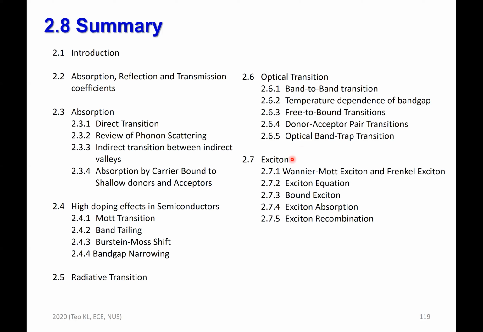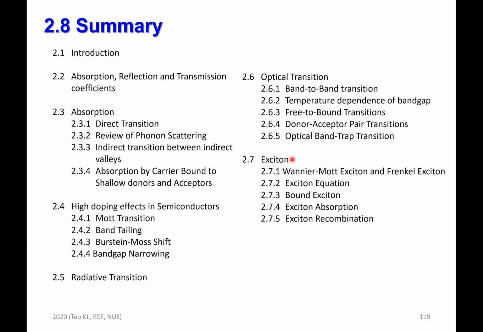And then we talk about exciton in semiconductors, which is an important concept, due to the Coulomb attraction between the free electron and the free hole. In semiconductors, the exciton formula was derived by Wannier and Mott, so it's called the Wannier-Mott exciton.